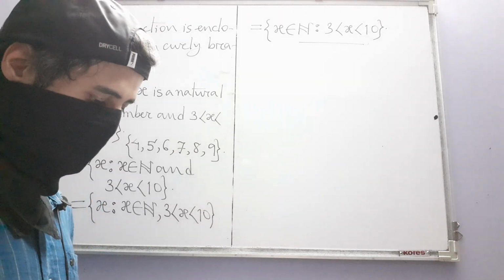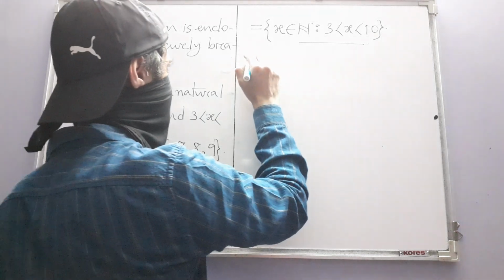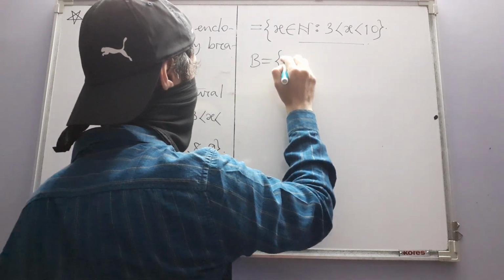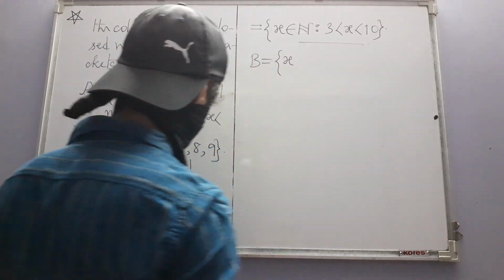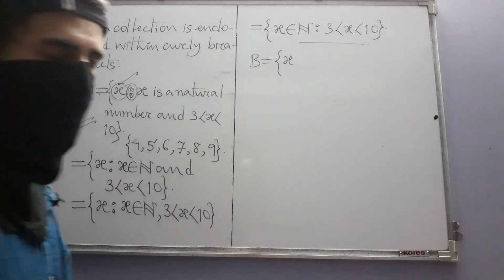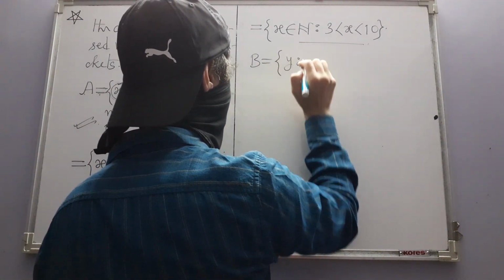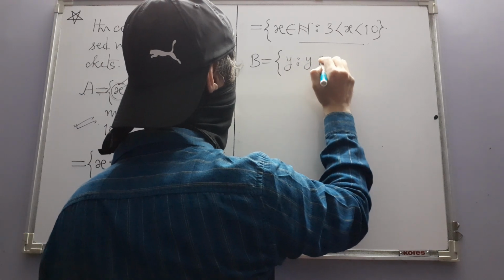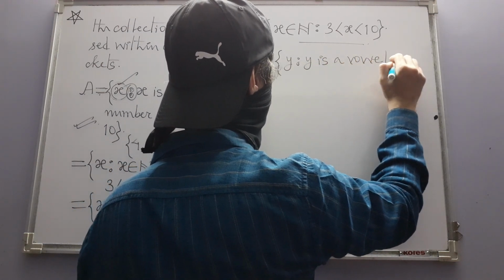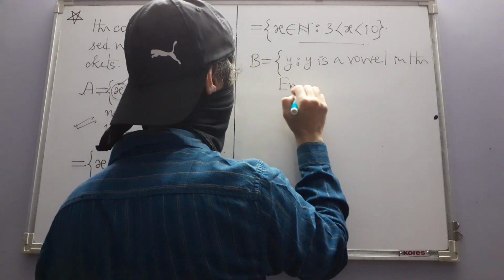And in set builder method, this next set can also be written like this. It is that set V, the set of all vowels. Oh, and by the way, here it's not necessary to always use x. You can use any letter, for example, y. y is such that y is a vowel in the English alphabet.